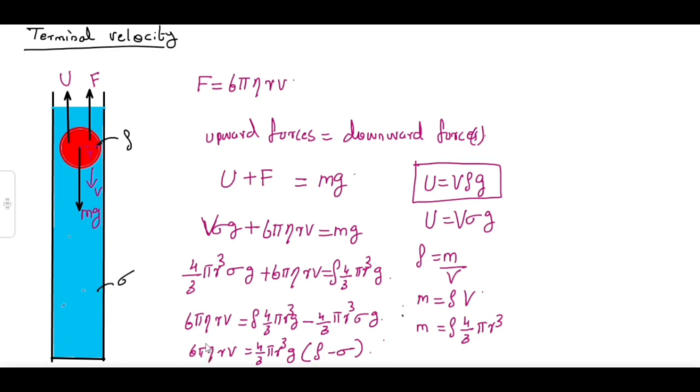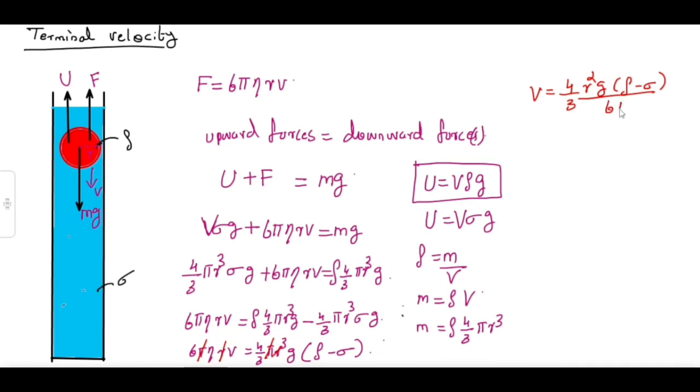Now look at the equation here. Pi, pi cancel. One R here will cancel. Now, what is the v value here? The velocity v is equal to 4 by 3. So what remains on the right side? R square g into rho minus sigma, divided by, on the left side, 6 and eta.